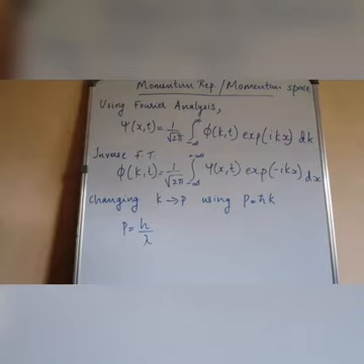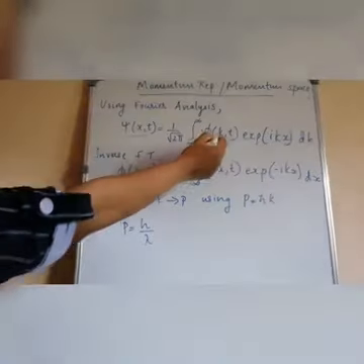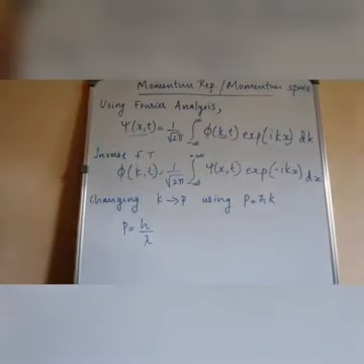Before that, we use Fourier analysis to have a mathematical expression for the wave function psi of x, t in terms of wave vector k. Because if we represent wave function psi of x, t in terms of k, it is easy for us to move from position space to momentum space using this expression.